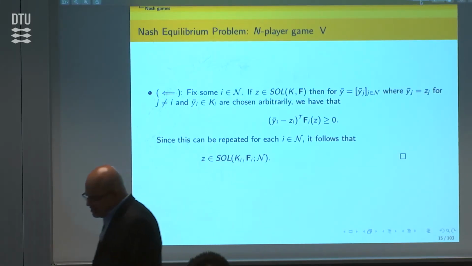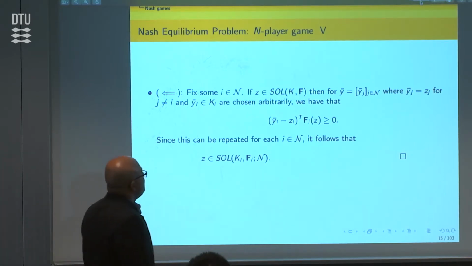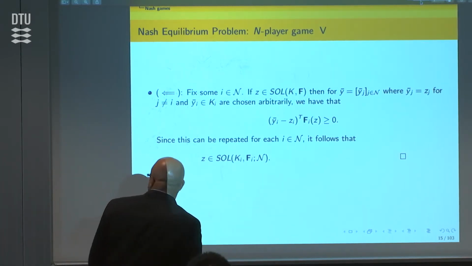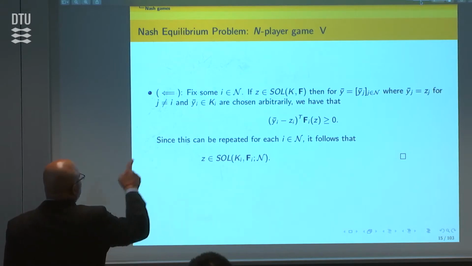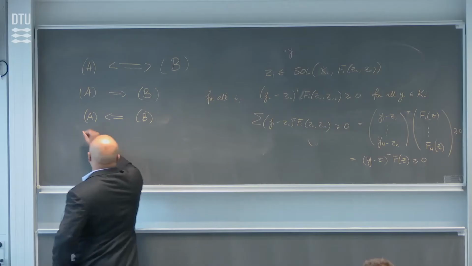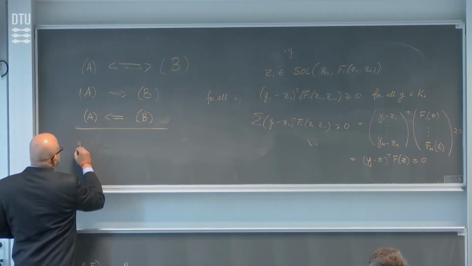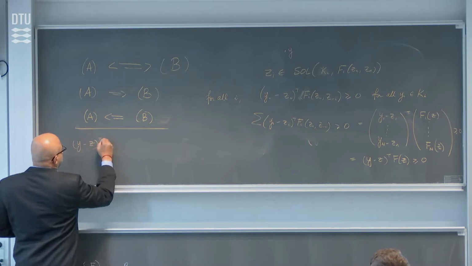If z lies in the solution set of VI(K, F), then I have what? And then for the other ones, what I'm going to do is, let me show you. Okay. So we know this holds, right?